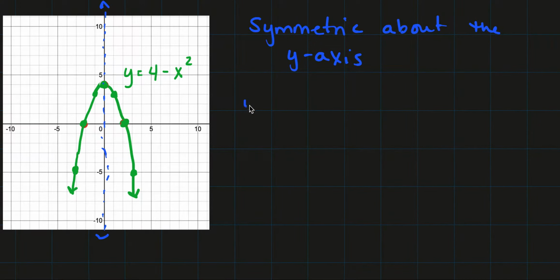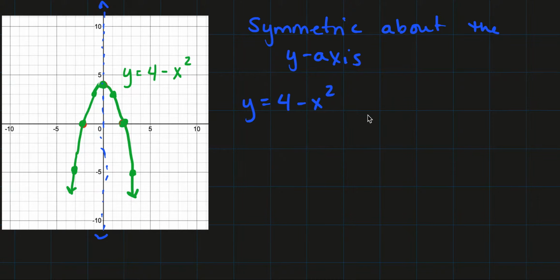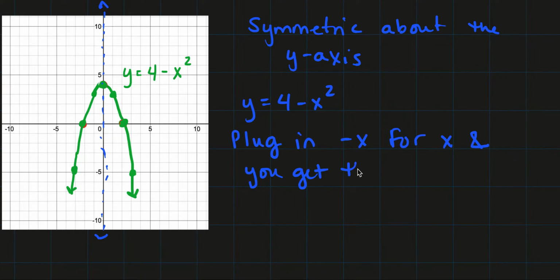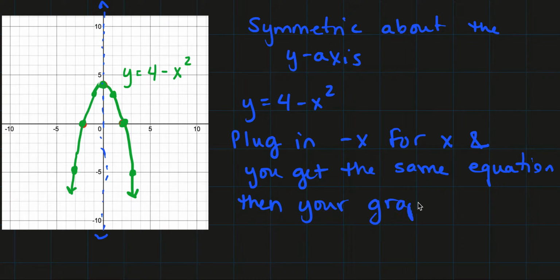To do that, when we have y is equal to 4 minus x squared, you want to see if you plug in negative x for x, and you get the same equation, then your graph is symmetric about the y-axis.